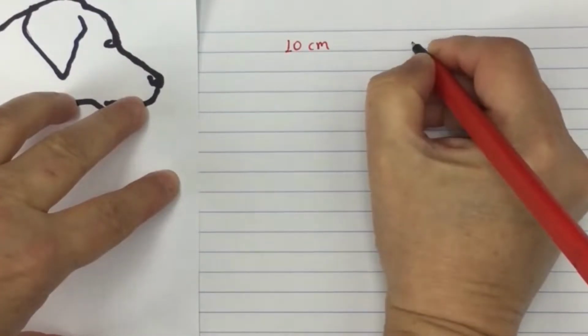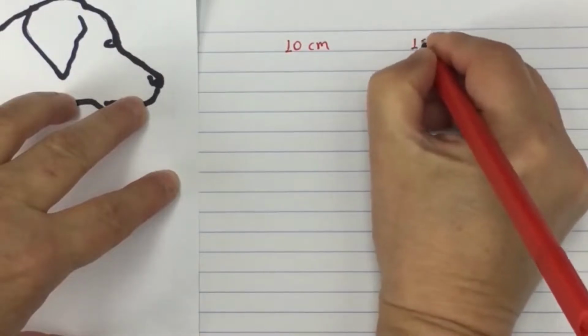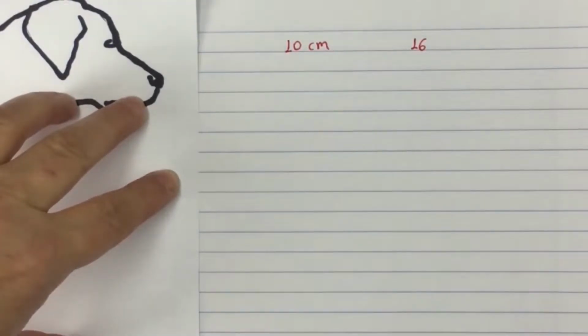Now we will need to remember our maths in order to calculate how many stitches we will need to cast on for the neck of the dog.